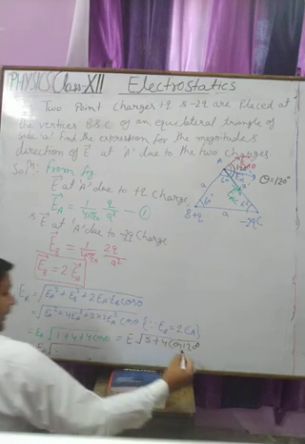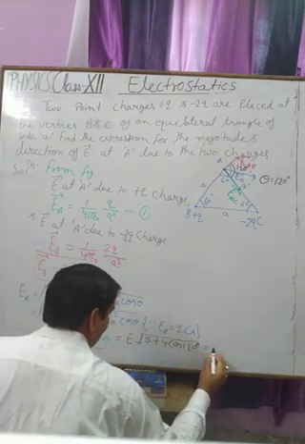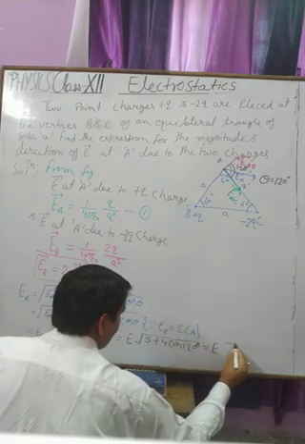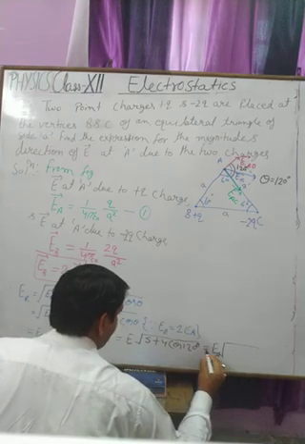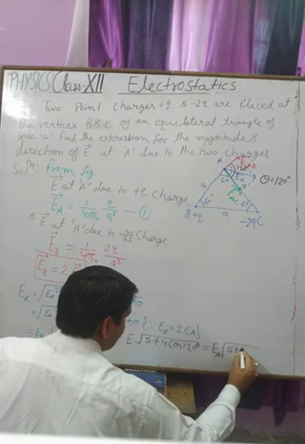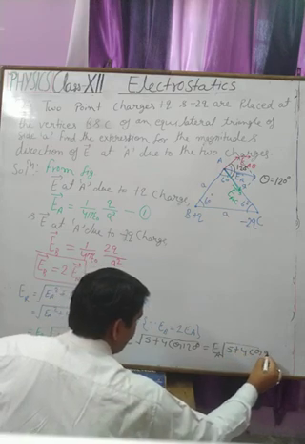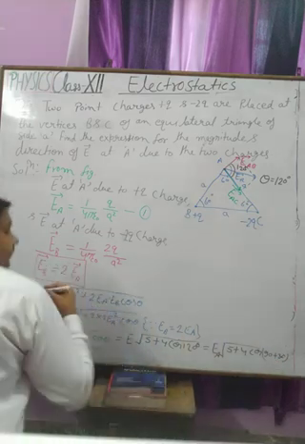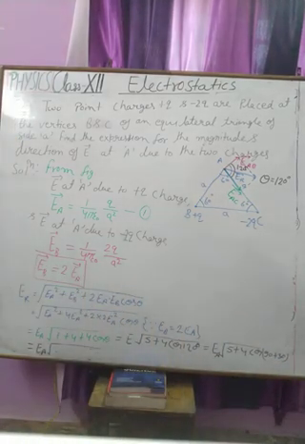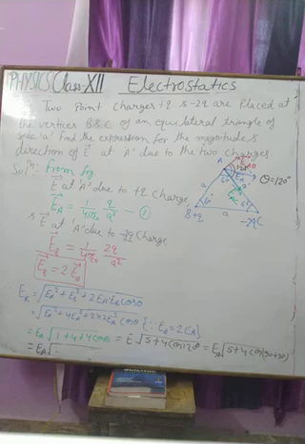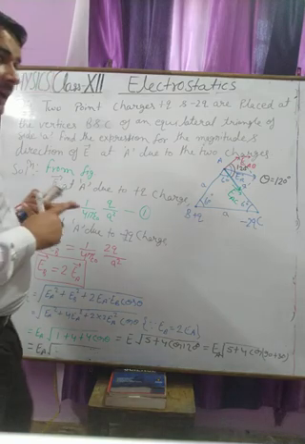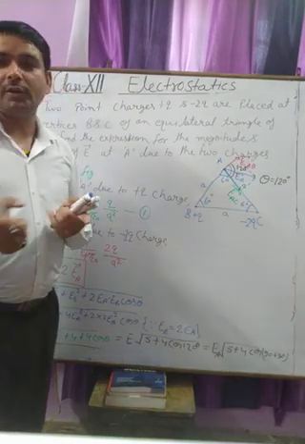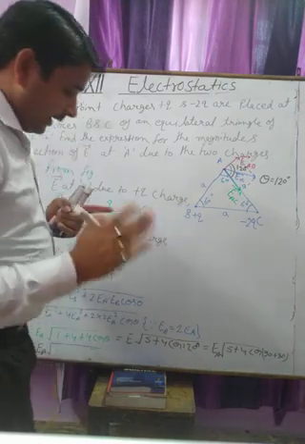Student, we can solve this as cos 90 plus 30, which is in the second quadrant, and in the second quadrant the values of sine and cosec are positive and the rest are negative.